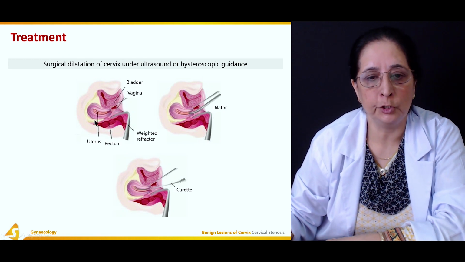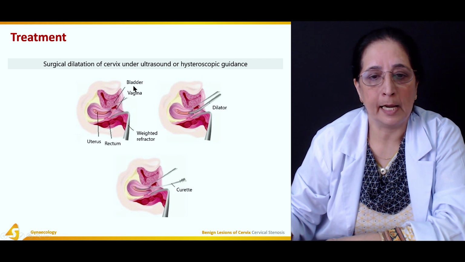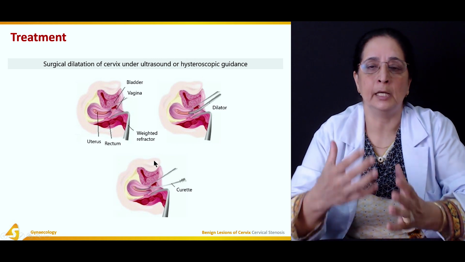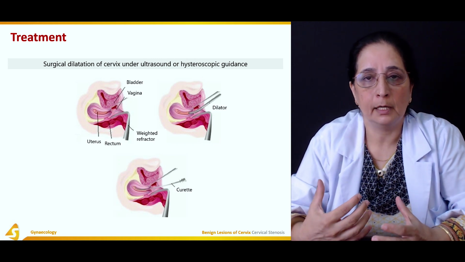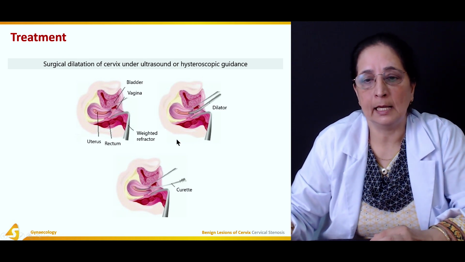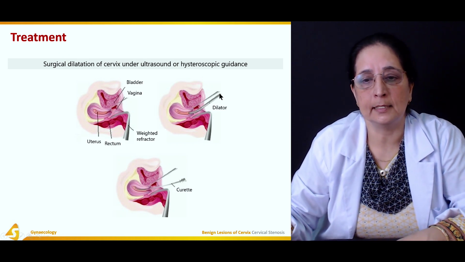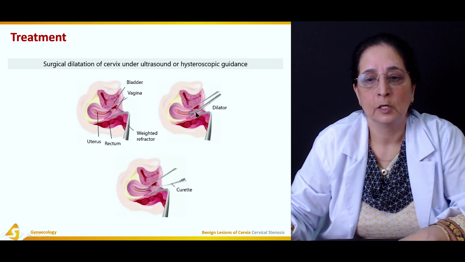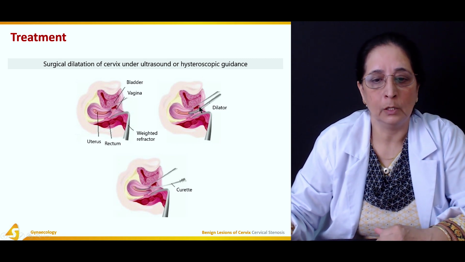This is the uterus, rectum, and then we have the bladder, vagina, and retractor. The retractor actually helps to visualize, and then the dilator is inserted inside to dilate the cervical opening.